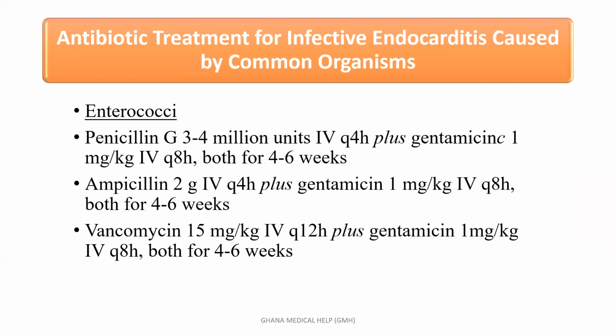Then you can also use ampicillin 2 gram IV 4 hourly plus gentamicin 1 milligram per kg IV 8 hourly for both 4 to 6 weeks. Then vancomycin 15 milligram per kg IV 12 hourly plus gentamicin 1 milligram per kg IV 8 hourly, both for 4 to 6 weeks.